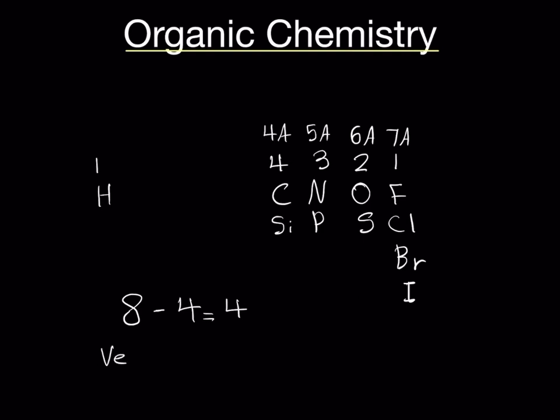So just number 8 minus the group number, and that should give you the number of bonds if the element is neutral in most cases.